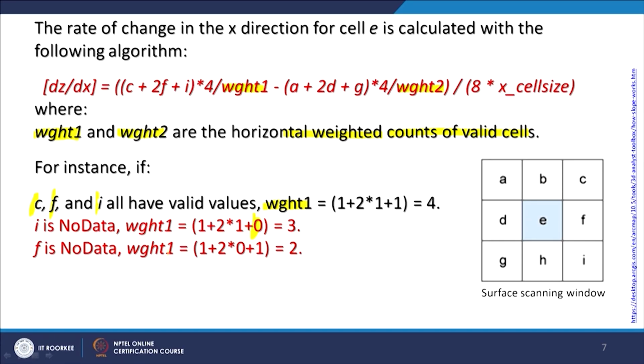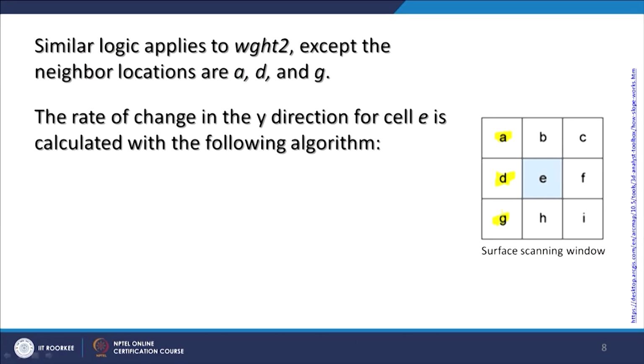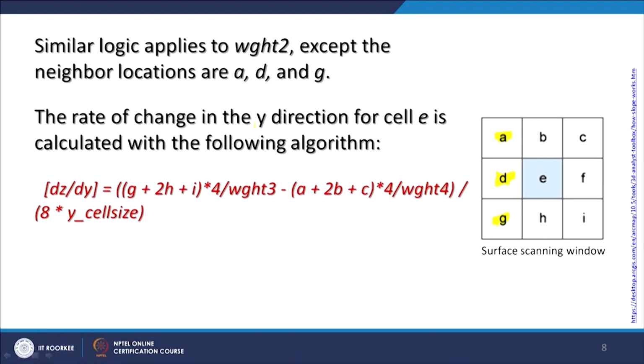If F is no data, then the calculation will be like this, and a similar logic will apply to weight 2 also, except the neighborhood operators are for A, D and G likewise. So, for each cell the calculation is done. The rate of change in the y direction for the cell E is calculated with the following.